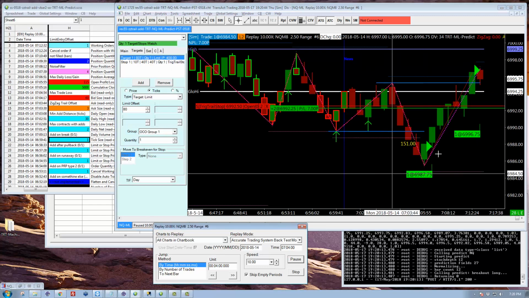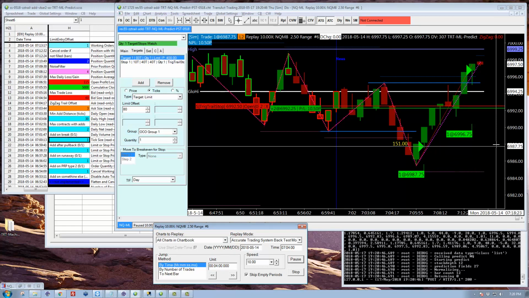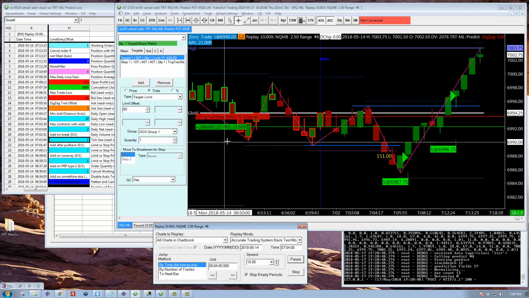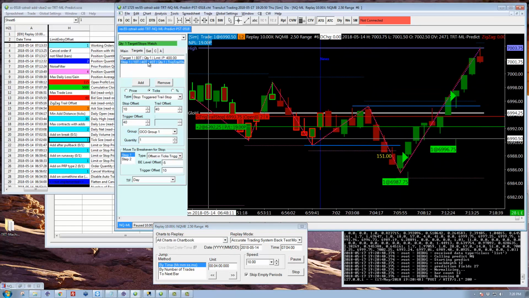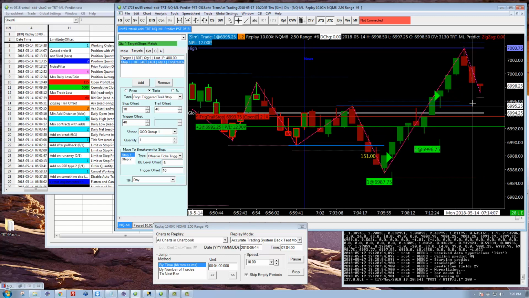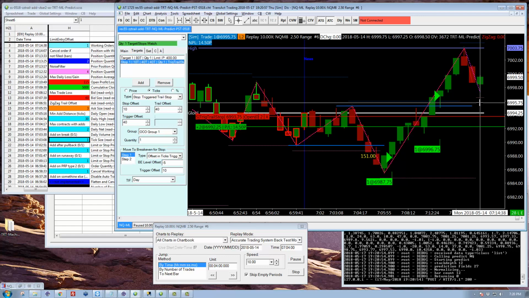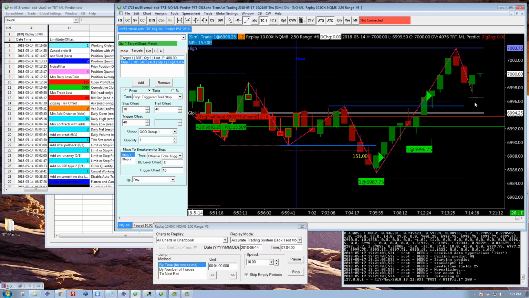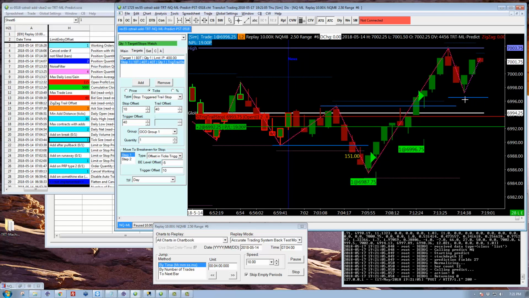Now what's going to happen as we continue, the system will start to trail by 40 ticks, which is what we have set here. But then there's actually a shadow trail going on too, which you can't see on screen, where it's trailing to, as soon as this wave completes, it'll be trailing to this level here, that pink line you see there that I just drew over.